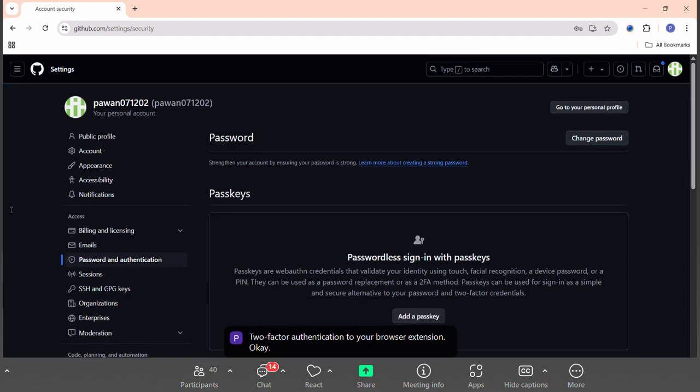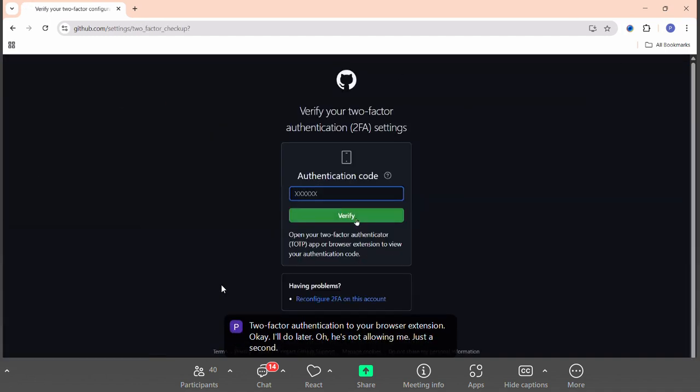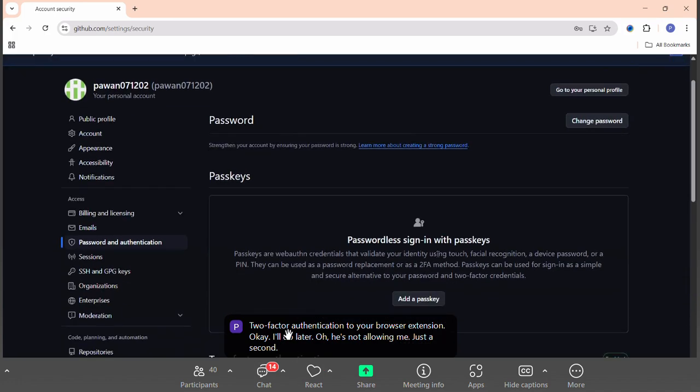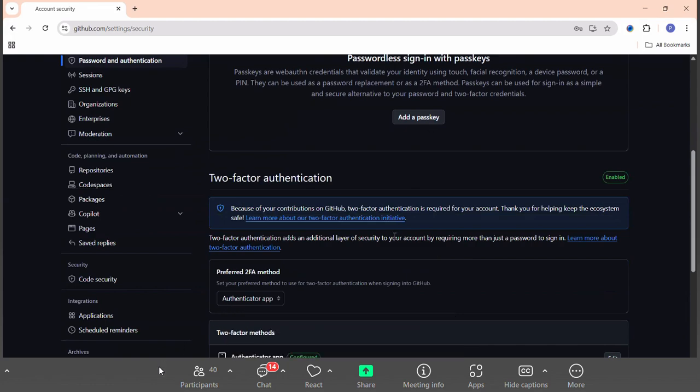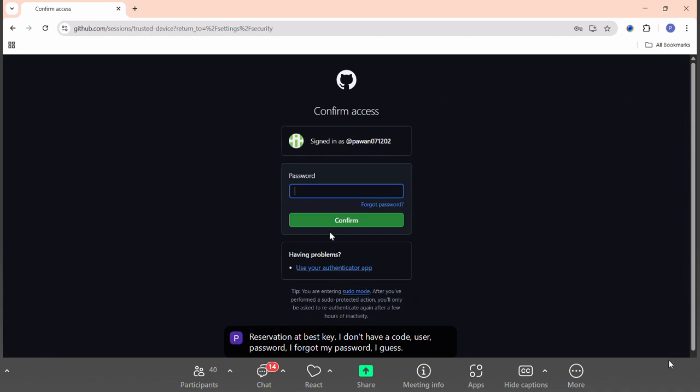Okay, I'll do it later. Oh, he's not allowing me. Just a second. Otherwise, I'll add a passkey. I don't have the code. I forgot my password, I guess.